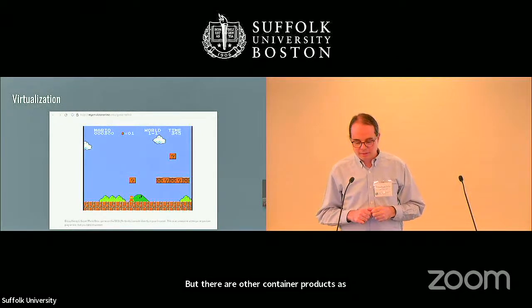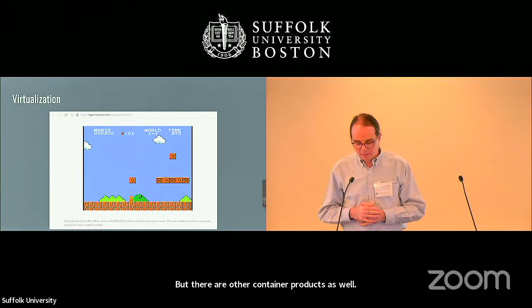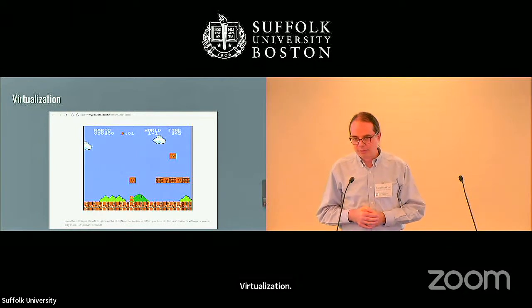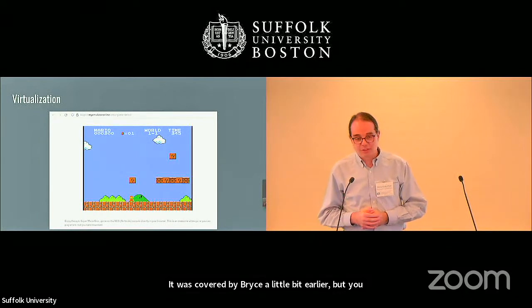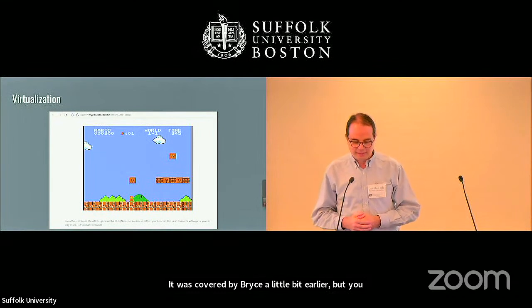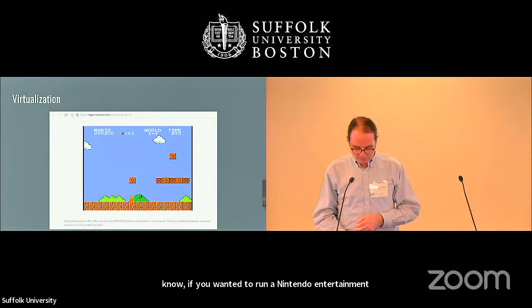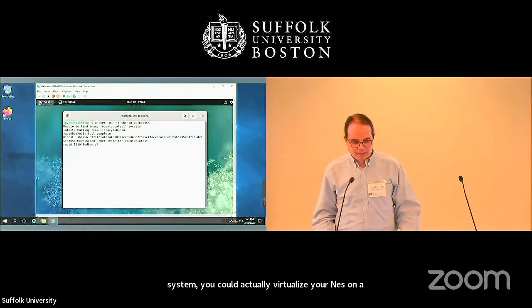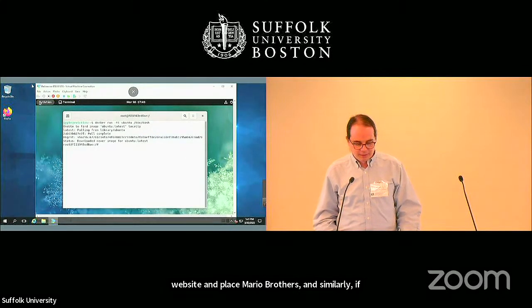Virtualization was covered by Bryce a little bit earlier, but if you wanted to run a Nintendo Entertainment System, you could actually virtualize your NES on a website and play Super Mario Brothers. And similarly, if you're using a Windows machine, you can run Hyper-V to virtualize.